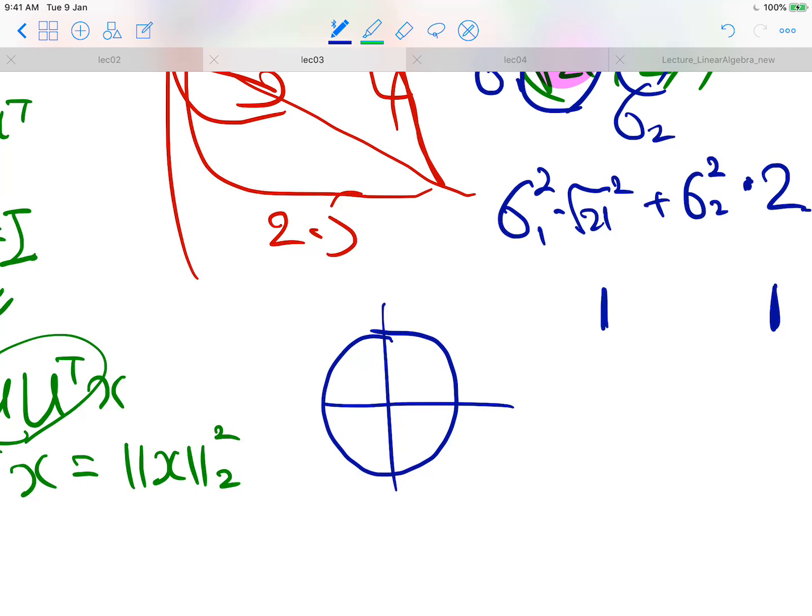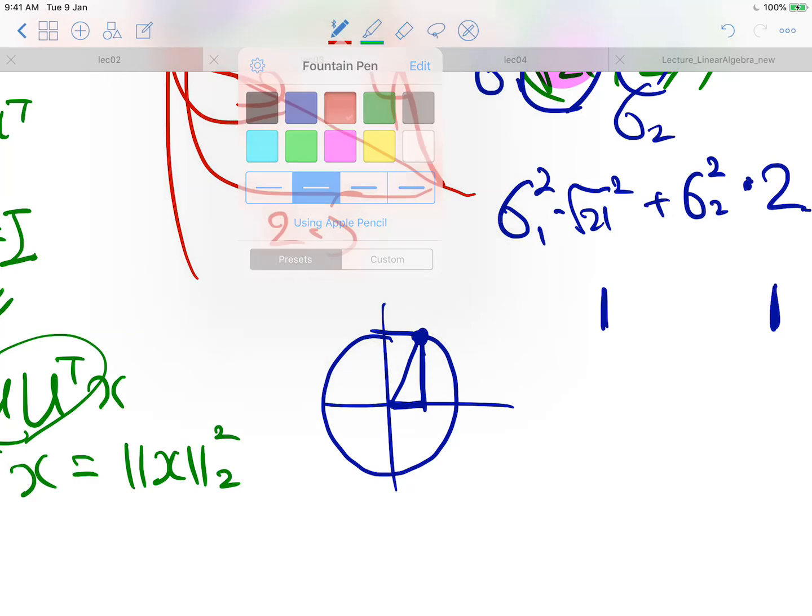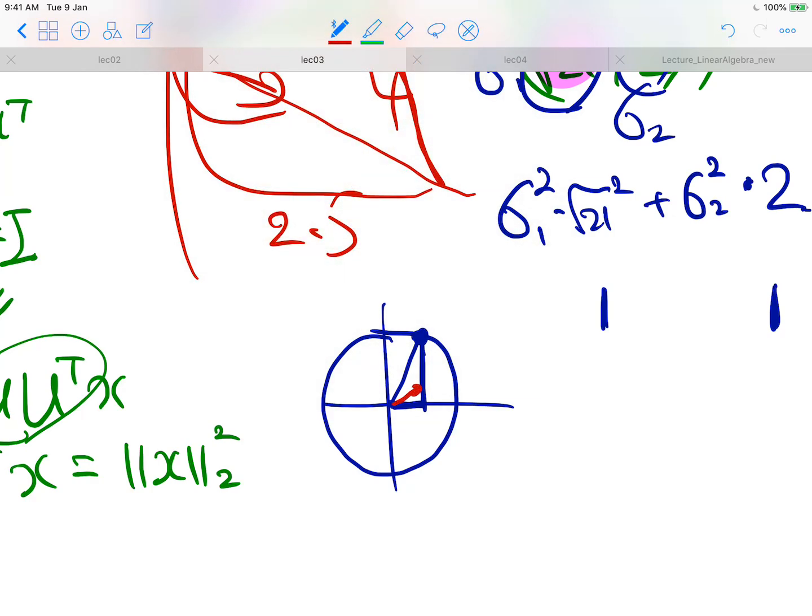So starting with a vector that has the unit norm, whether we consider the old coordinate system or this new coordinate system, it will still have the L2 norm as 1, right?